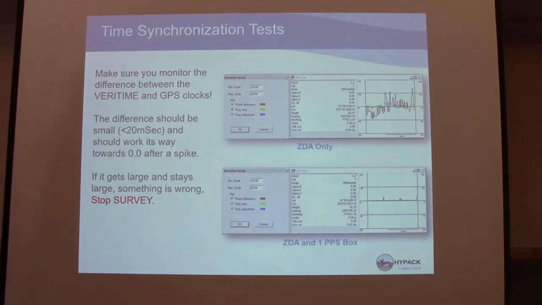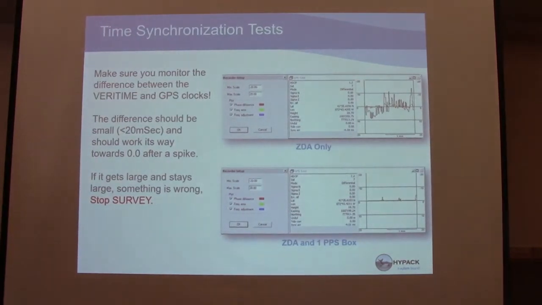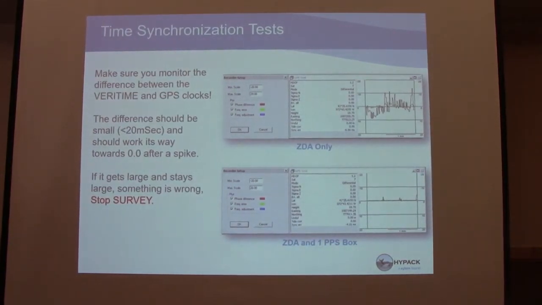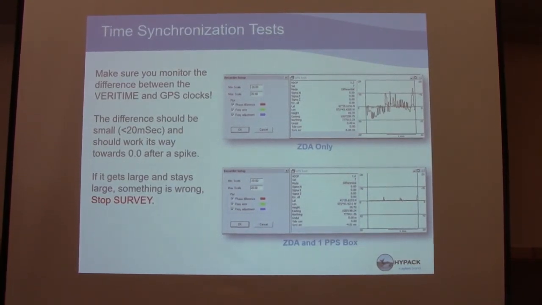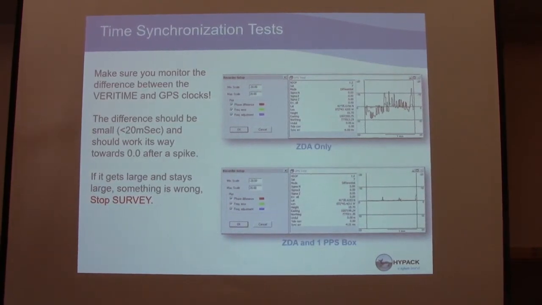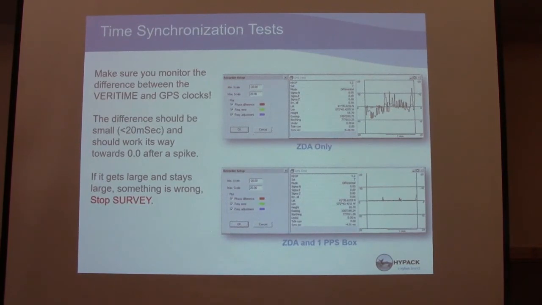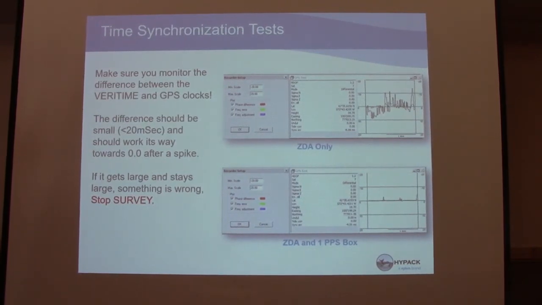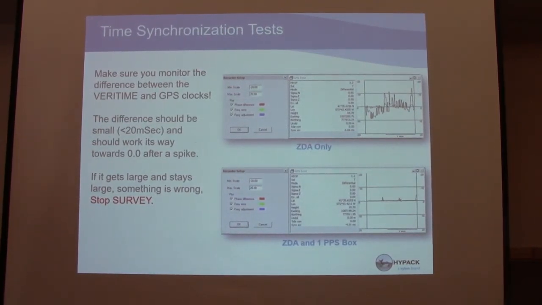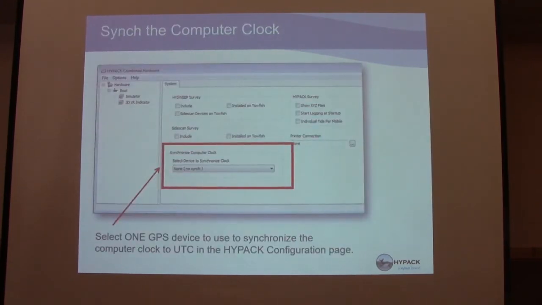So you're going to get less than a 4 or 5 millisecond delay for your timing with the PPS box. If there is a huge issue with timing, you're going to get an error message in survey. It'll say time sync, and it'll be red. So you stop your surveying at that point. Okay.